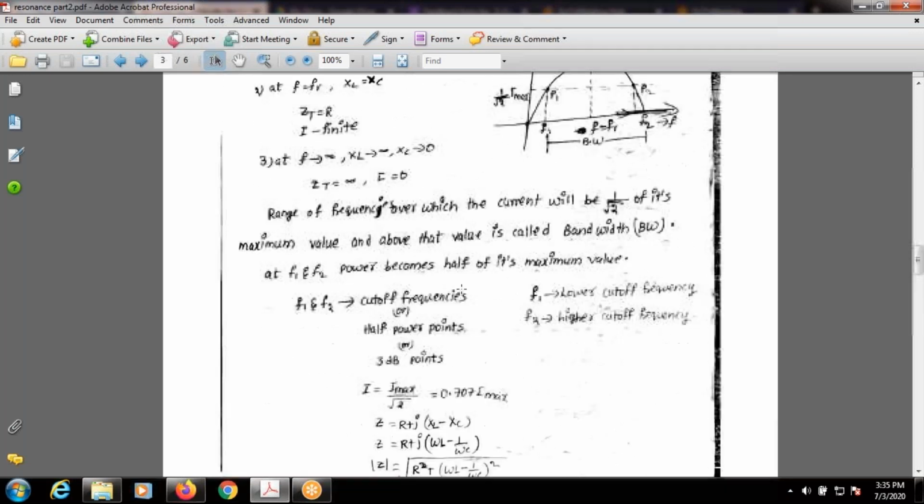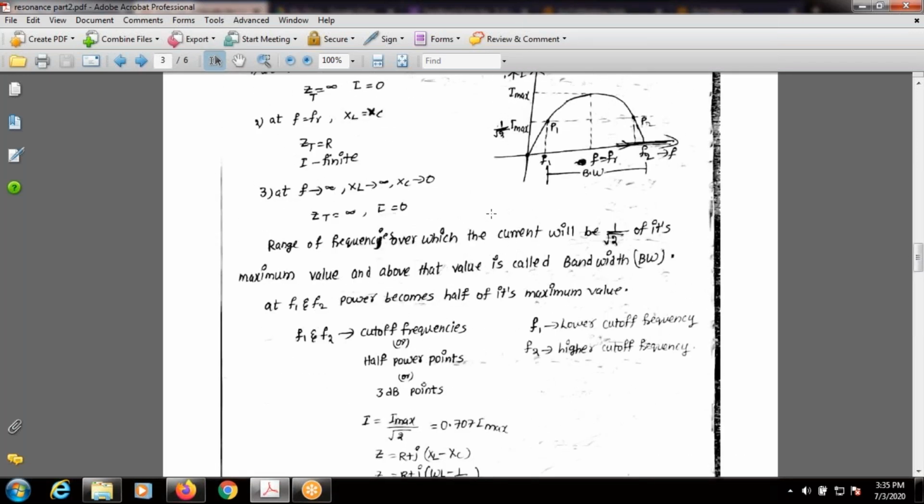Now here there are different names for F1 and F2. F1 and F2 are also called cutoff frequencies, half power points, or 3 dB points. F1 is the lower cutoff frequency and F2 is the higher cutoff frequency. Remember this, all the other names for half power points are 3 dB points.